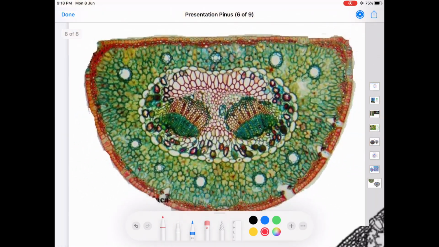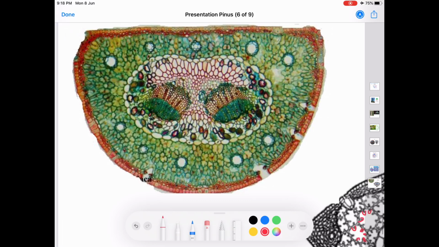Here you can see a clear picture of the needle, that is, the outermost layer epidermis. See, this orange colored region is the epidermis. The continuity of the epidermis is interrupted due to the presence of sunken stomata. See, these regions are the sunken stomata, and inner to the epidermis is the sclerenchymatous hypodermis.